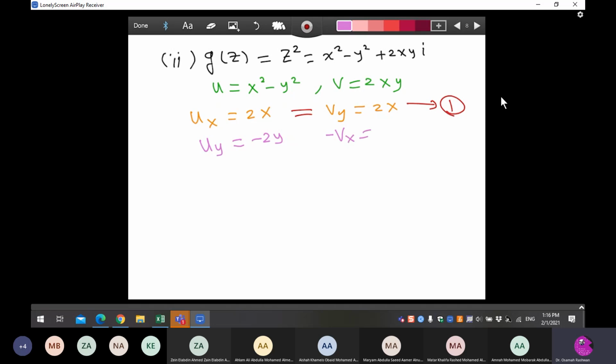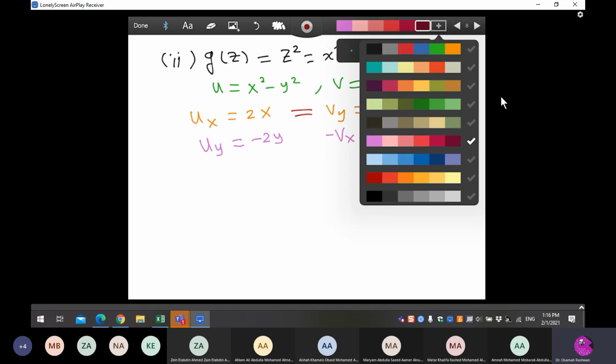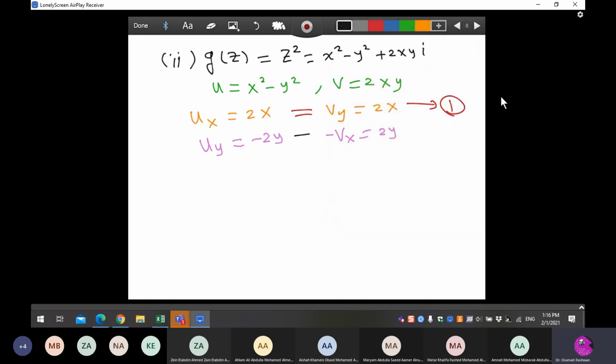I keep y as a constant, so I have 2y. Are they equal? Yes, they are. So this is my second equation. So 1 and 2 imply that f of z, which is z squared, is analytic.